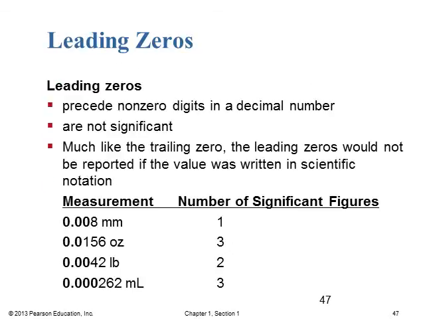Leading zeros. These are zeros that precede non-zero digits in a decimal number. They come before any non-zero digit in a decimal number, and these are not significant either.